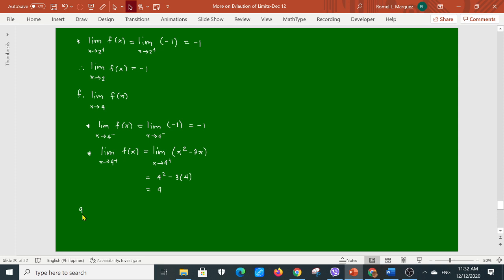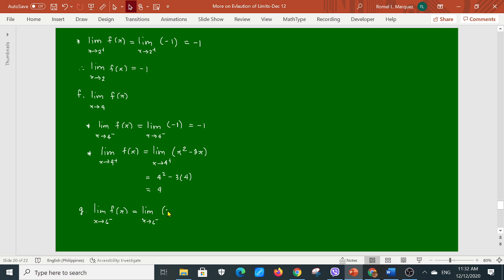So, last one. What about the limit as x approaches 6 from the left? The limit as x approaches 6 does not exist because there is no right side anymore. But from the left, it is still possible to exist. So this is equal to the limit as x approaches 6 from the left.